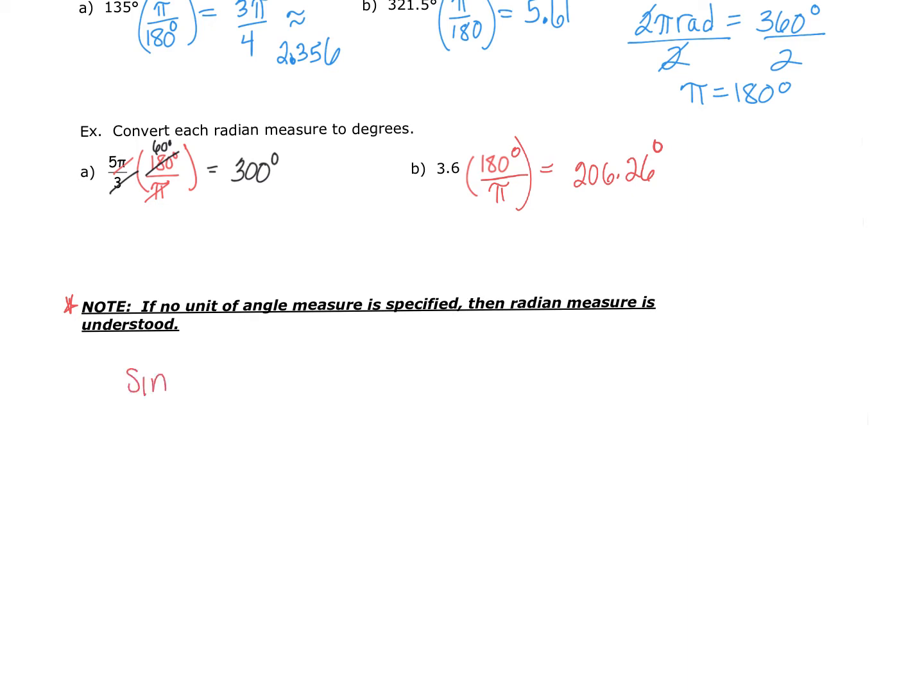I know, as on some previous videos, I might have harped on you and said if you mean degrees, you have to put degrees, because sine of 4.5 degrees is very different than sine of 4.5. If I leave the degree symbol off, it's just radians.